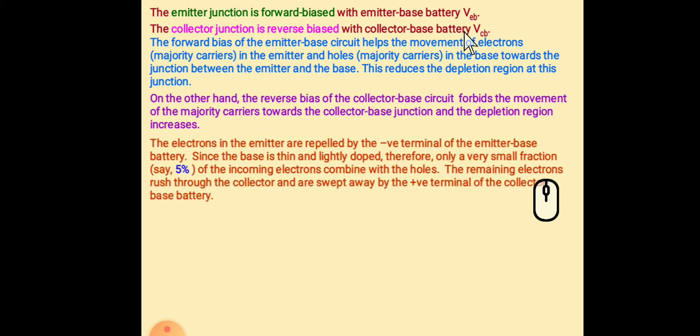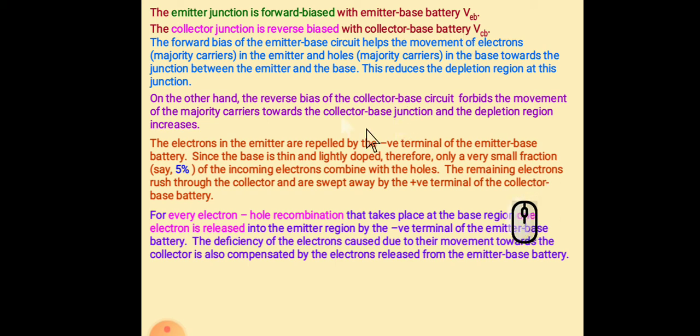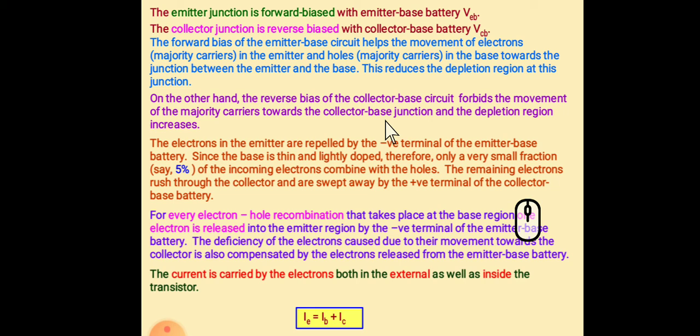So the electron always flows from emitter to base towards the collector. So when the electron flows, less number of electrons recombine with the holes because there are some holes in the base terminal because this is NPN transistor.